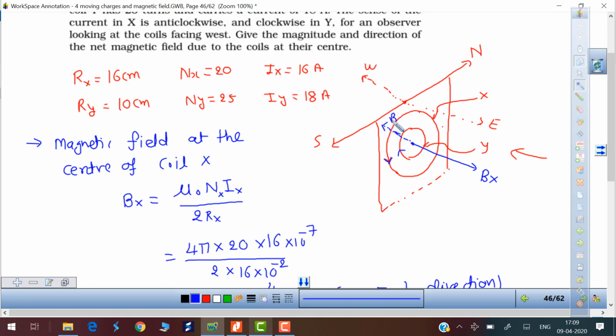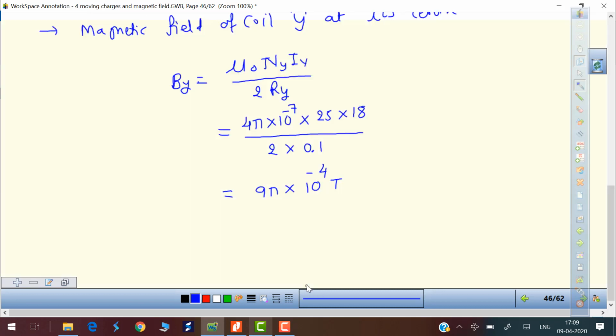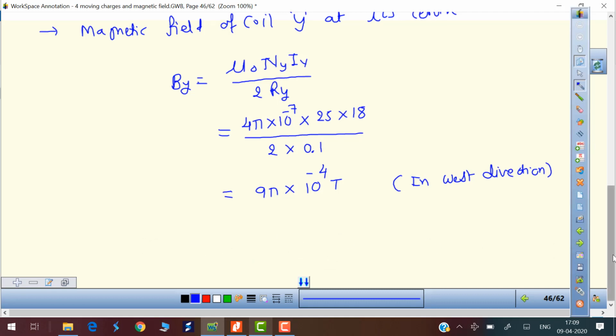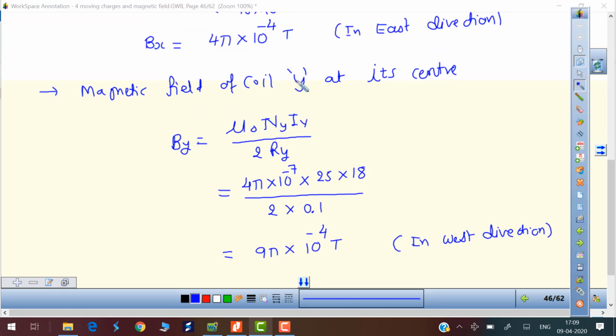So this is B_Y. So both are in opposite directions, and B_Y is in the west direction.